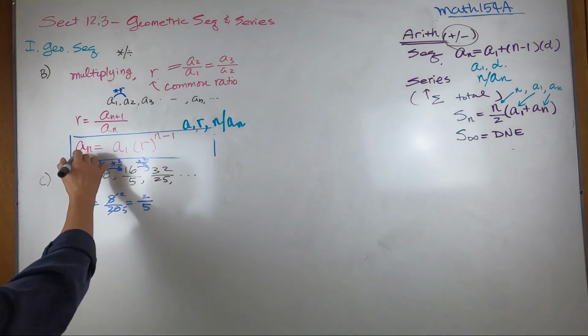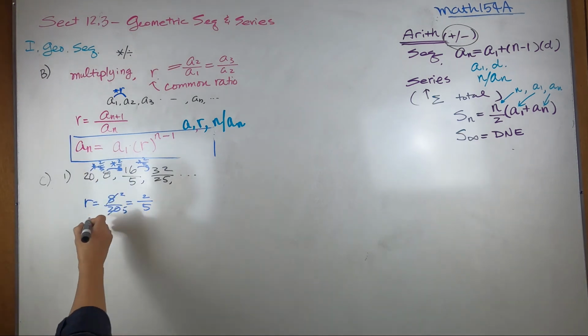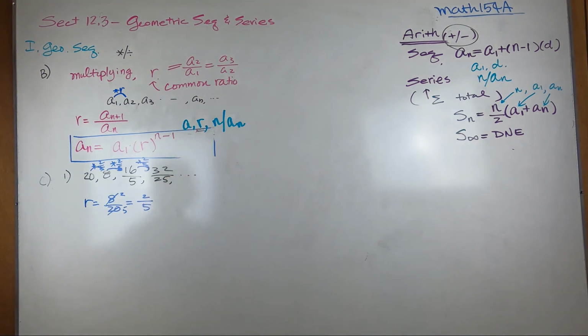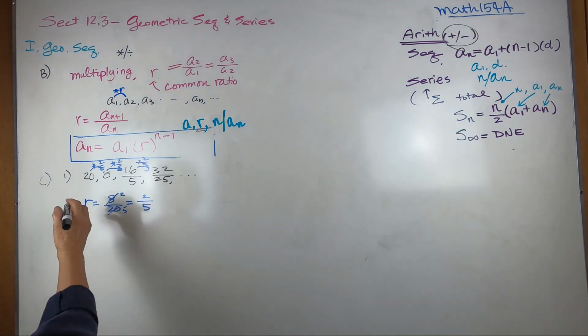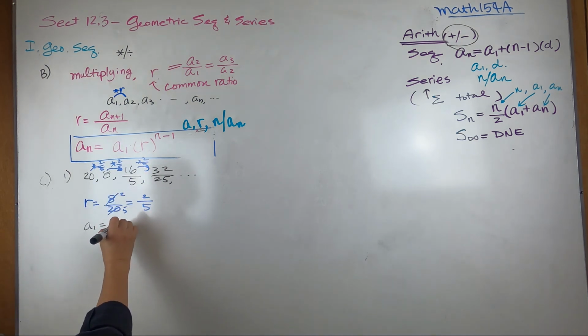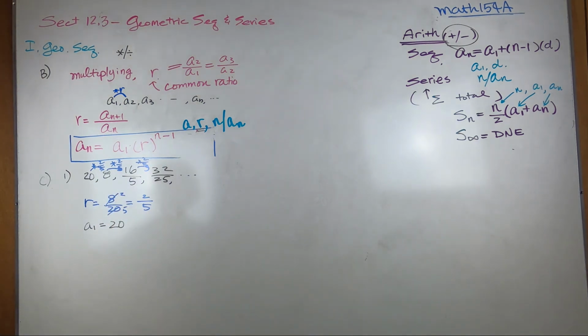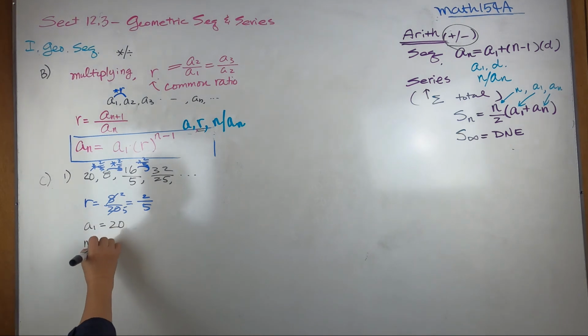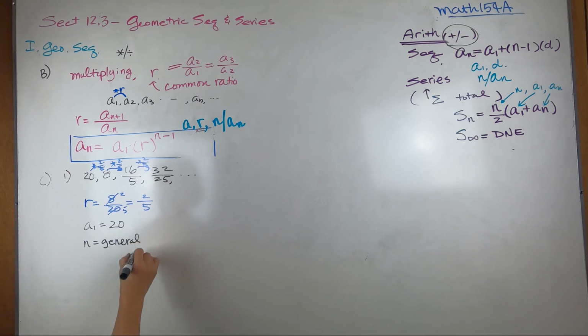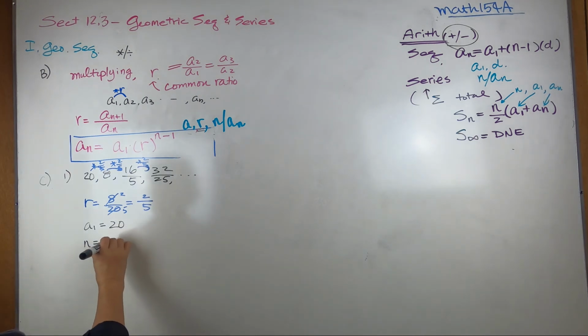Then we want to find a general term. First we have to have R, then we have A1, then we can find the rest of them. So A1 is 20.